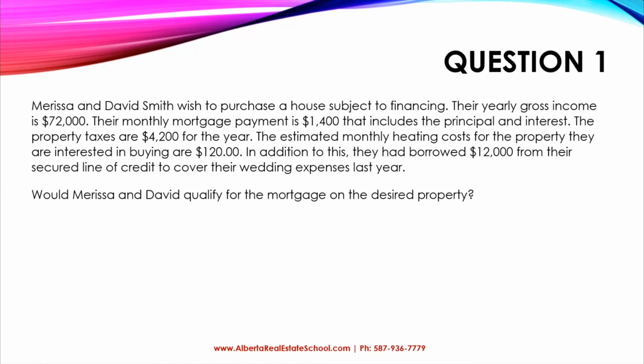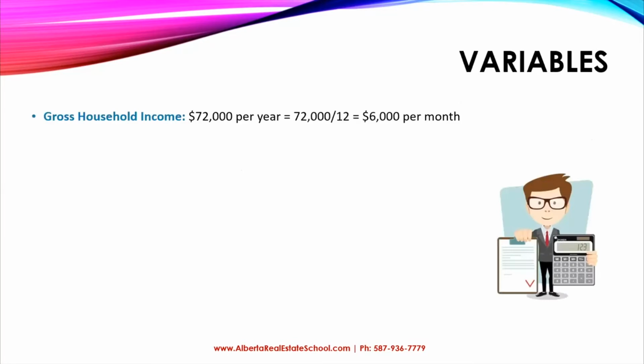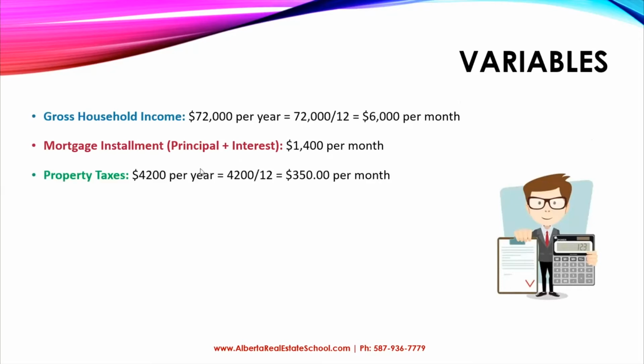So let's take a look at the variables that we have in this particular situation. Their gross household income is $72,000 per year, and we need to convert that into a monthly number. So we'll take 72,000 divided by 12, which gives us $6,000 for the month in terms of income. Their mortgage payment, which includes principal and interest, is $1,400 for the month. The property taxes are $4,200 per year. So again, we need to convert that into a monthly amount.